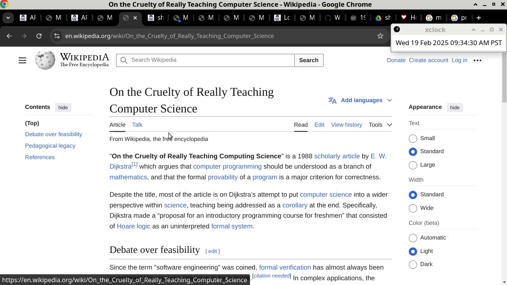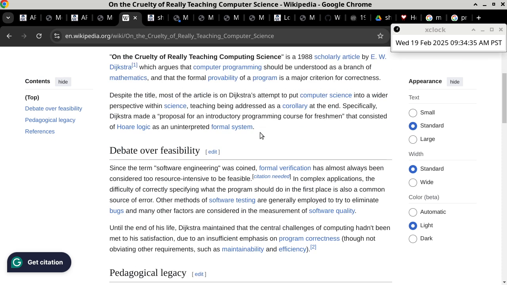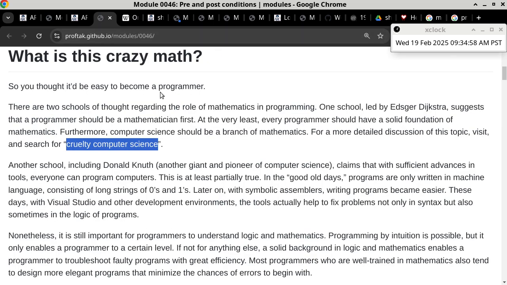This is where Dijkstra wrote his article on whether mathematics should be taught before programming. I'm not going to read the whole thing. I will leave it up to you to read it and use it to help you make decisions. Even though there are different schools of thought, I think this one is kind of holding up so far.